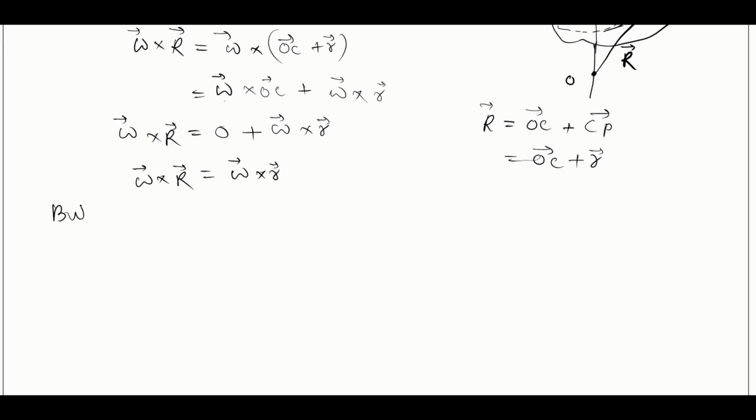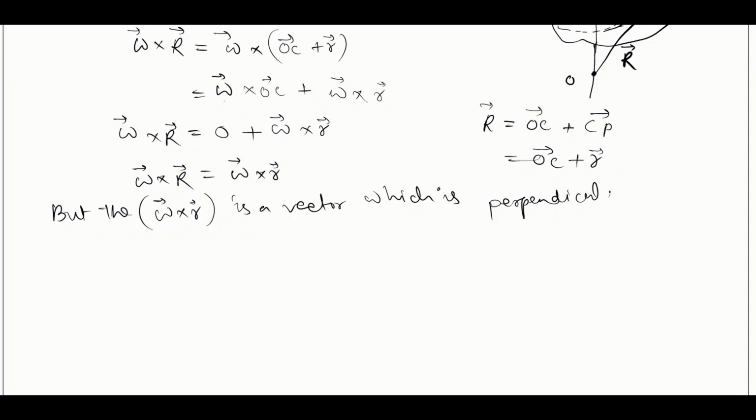But the omega cross r vector is a vector which is perpendicular to both the omega vector and r vector.